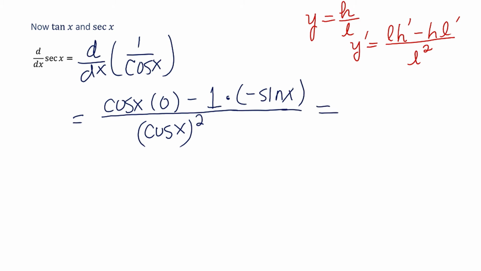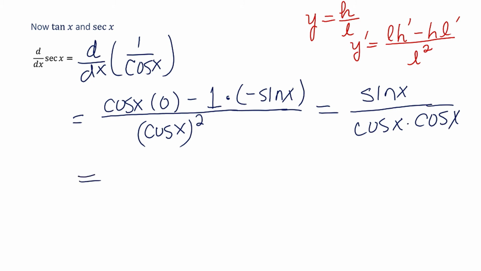That would be equal to cosine times 0 is 0, and in the numerator you've got a negative times a negative, so that's going to be a positive sine x, and in the denominator we have cosine x squared.